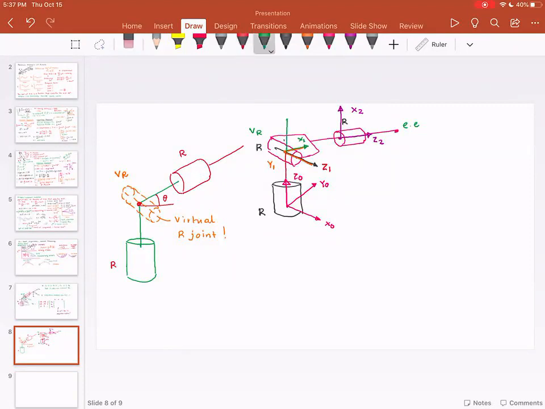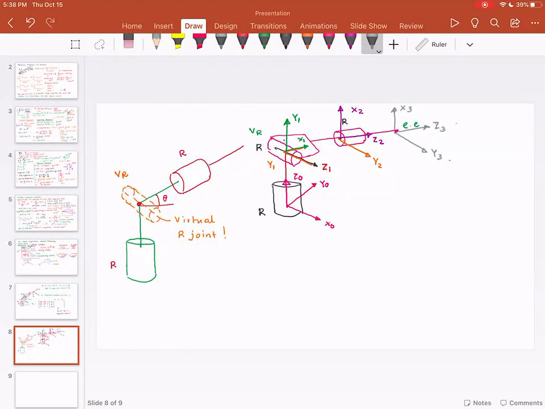Y1 will be like this. I have Z2, then X2, and then Y2 like this. And last but not least, I have X3, Z3, and Y3.